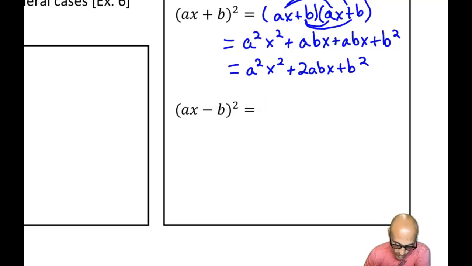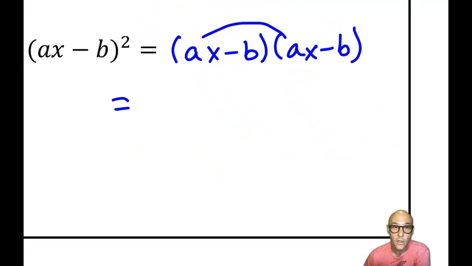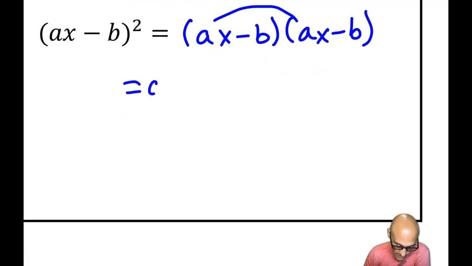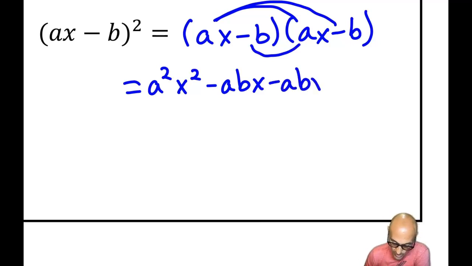On the next one, again, we have the binomial ax minus b times the binomial ax minus b. And here it's really just the same. Ax times ax is a squared x squared. That's firsts. Outers is negative b times ax, so that's negative abx, reorganizing the multiplication. Inners, negative b times ax is negative abx.